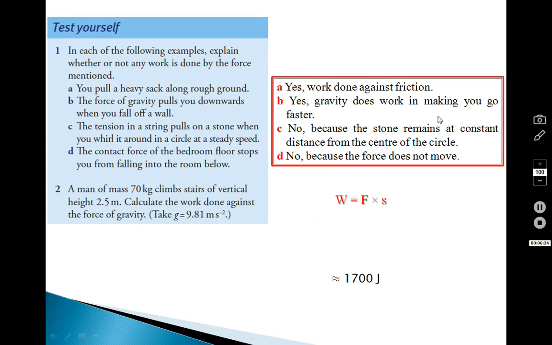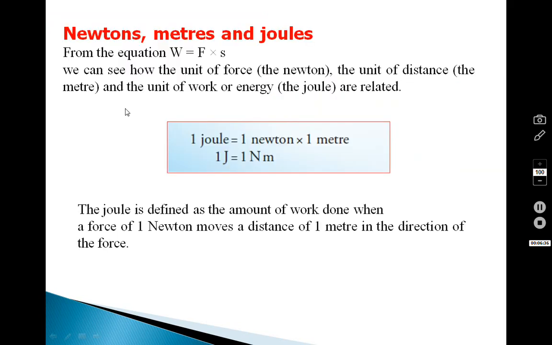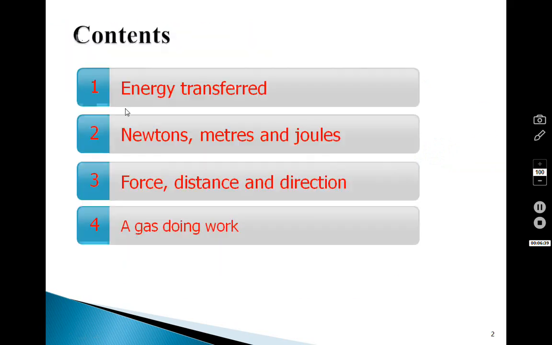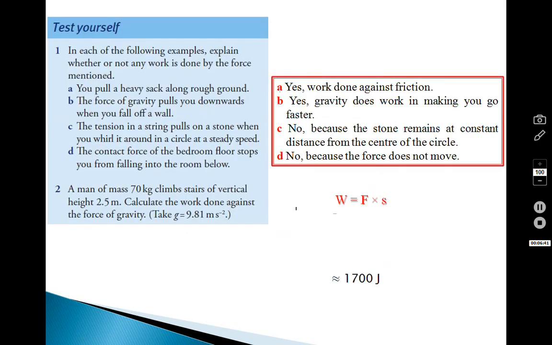Okay, here is an example. We will take this example to explain what we have discussed before. I think this example is located on the same page of this topic. Yes, on the same page. So in the first example, number 1: in each of the following examples, explain whether or not any work is done by the force mentioned.